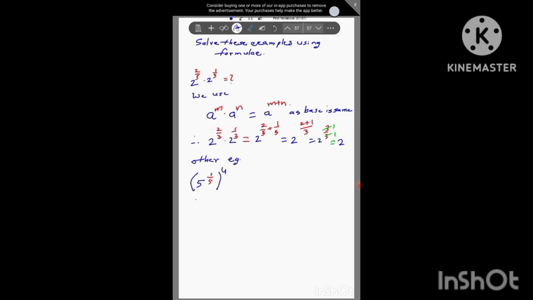Remember this, I have covered all this in the previous section, that is a raised to m whole raised to n is equal to a raised to m into n. Similarly, you have to use this. That is 5 raised to, you have to multiply here. 5 raised to 1.5 into 4 is 5 raised to 4.5. That is how to solve it.